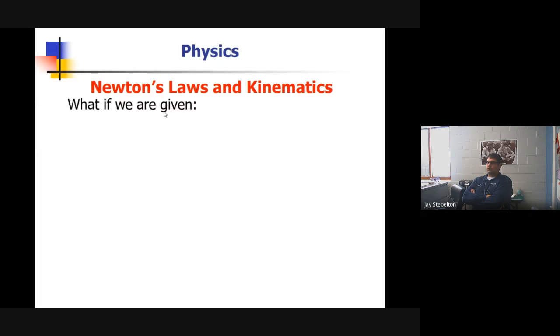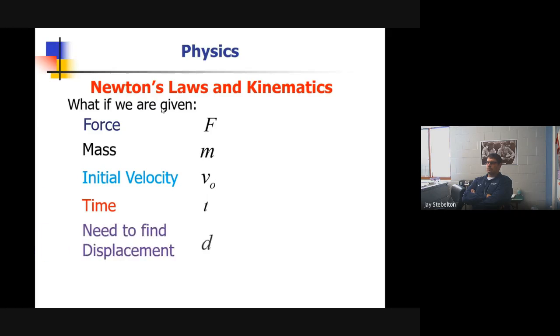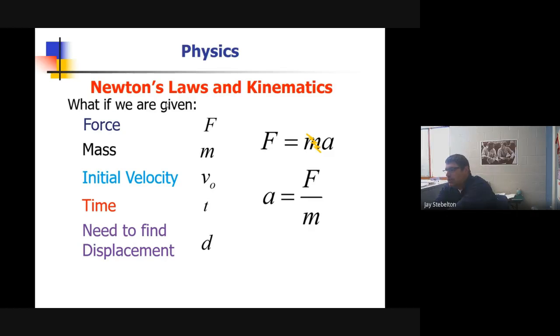Let's look at another. What if we are given the force, the mass, the initial velocity, and the time, this time told to find displacement? Well, it's easier in smaller steps. First, start with Newton's second law, F is ma, and with a little algebra, I have my acceleration.